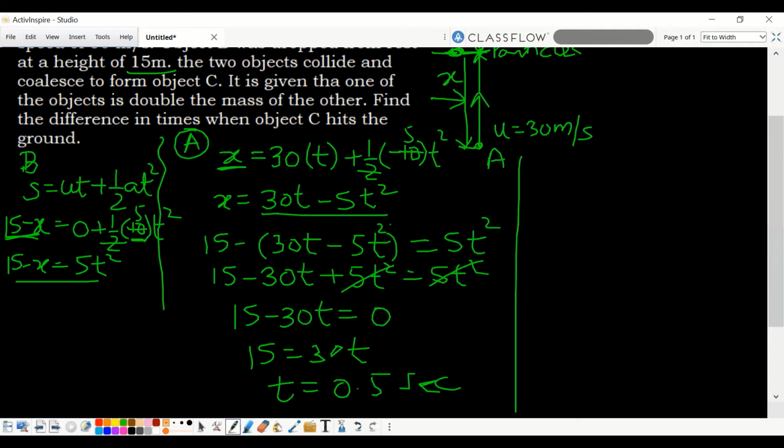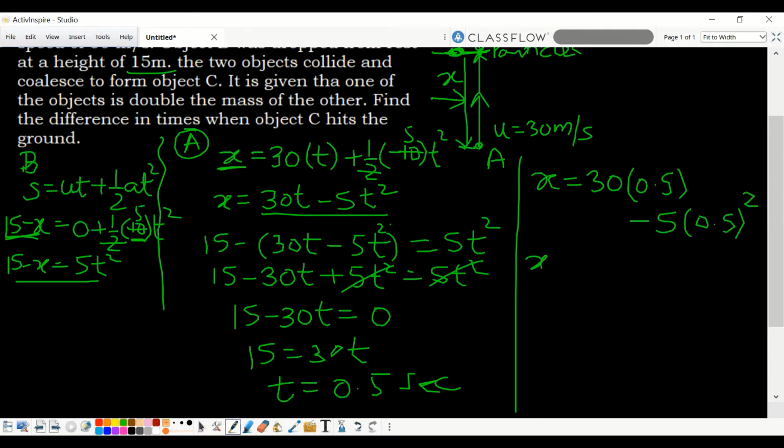Let's find out what is the distance traveled by object A to collide with object B. Since we have assumed it to be x, let's write x equal to ut minus 5t squared. u is 30, t now is known to be 0.5.